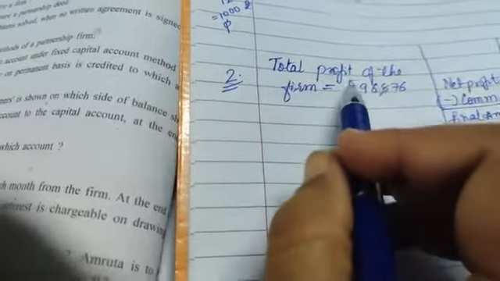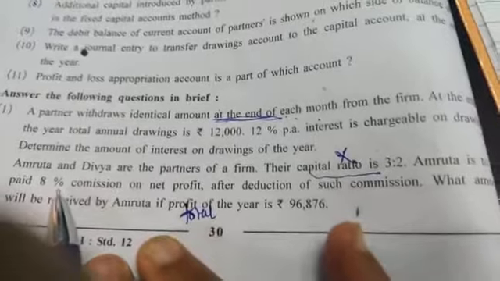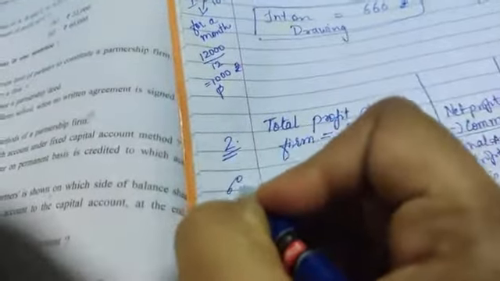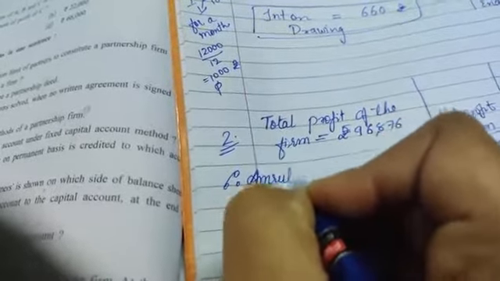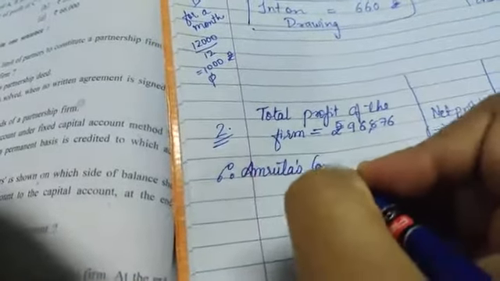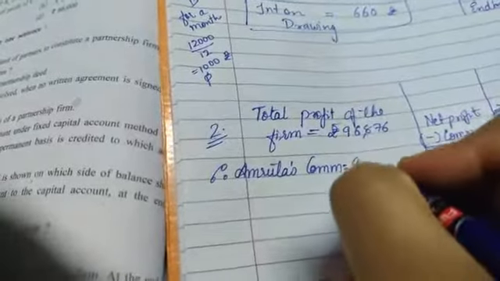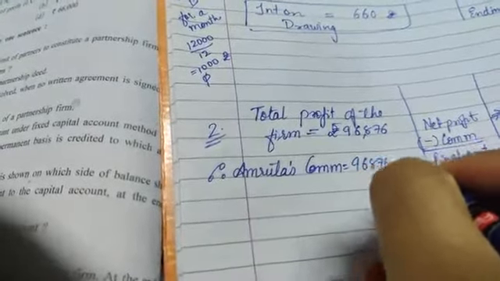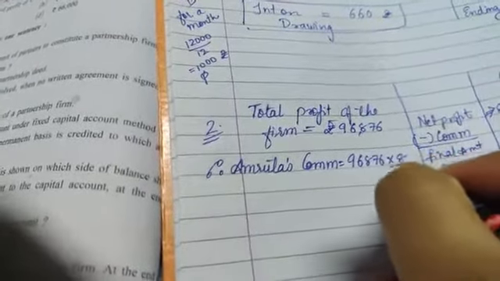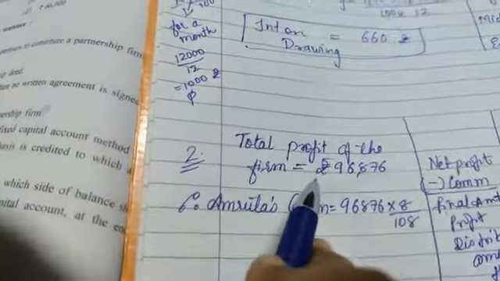Now from this, first we will find Amruta's commission, that is, the 8% commission we have to give on net profit. So therefore we will be finding Amruta's commission. What you will do is 96,876 into 8 upon 108, because the firm's profit is given.